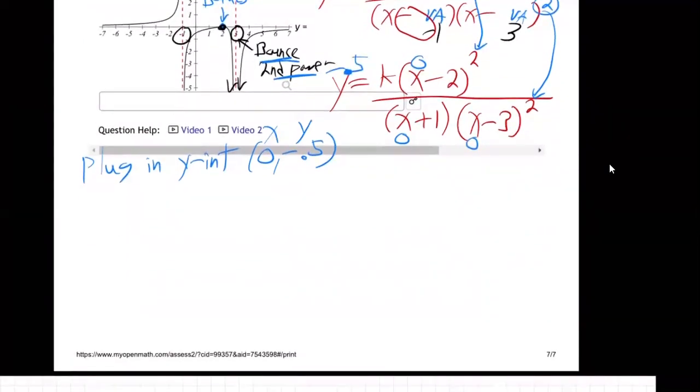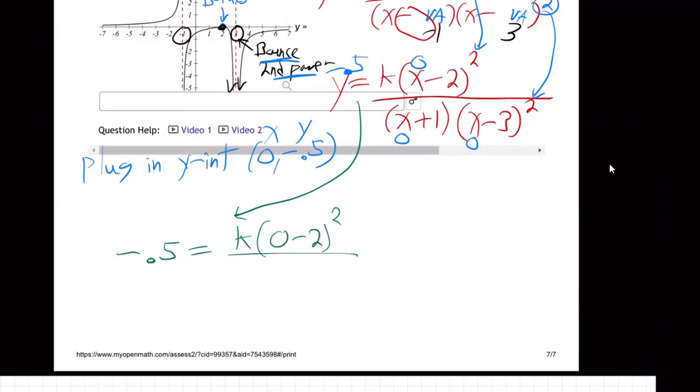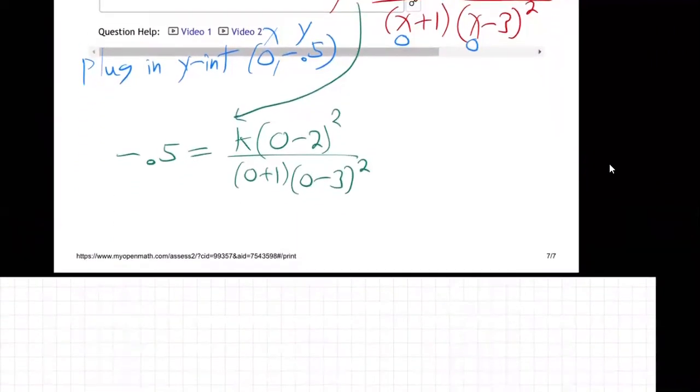So then we get negative 0.5 equals k times (0 minus 2) squared over (0 plus 1) times (0 minus 3) squared. And that's negative 0.5 equals k.